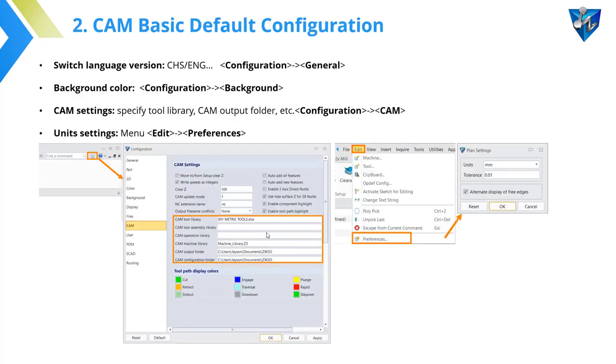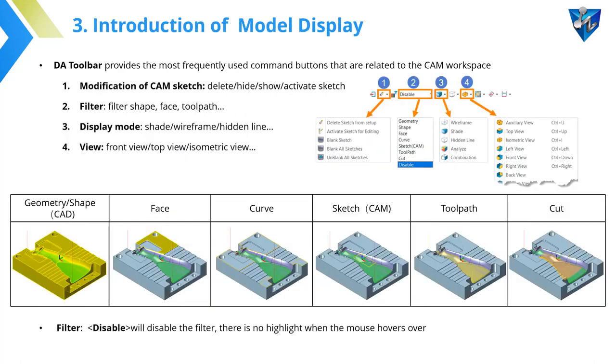As to the configuration, you can find most of them in the configuration window, such as switch language, set background color, set CAM settings, and unit settings. Here you can find that by the document aware toolbar, we can control the model display, such as the CAM sketch control, and also set different filters.